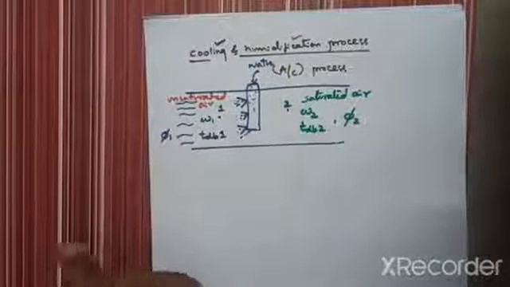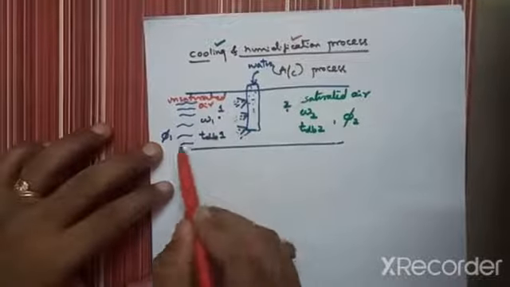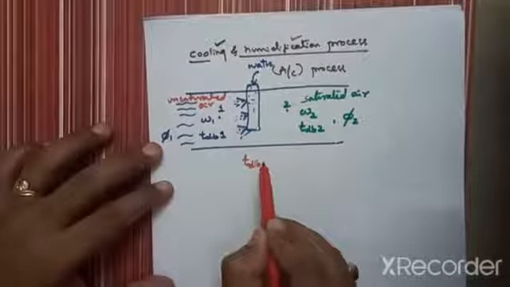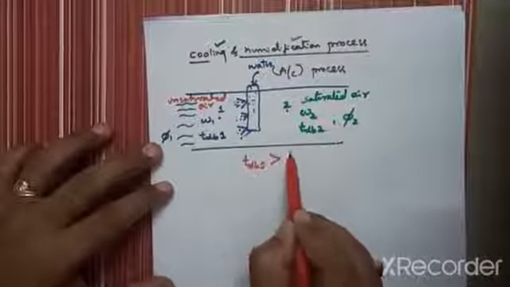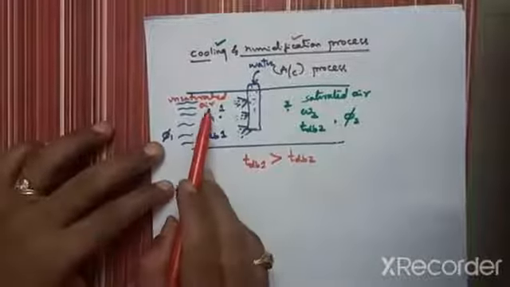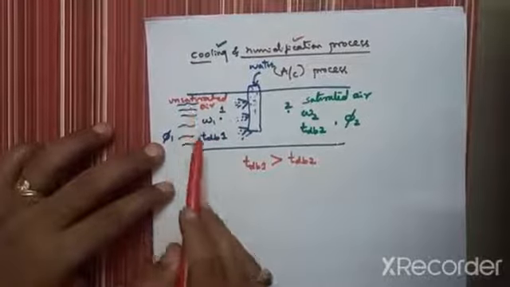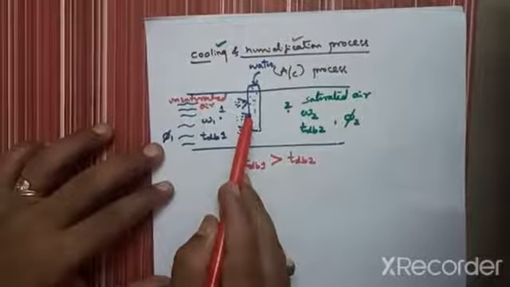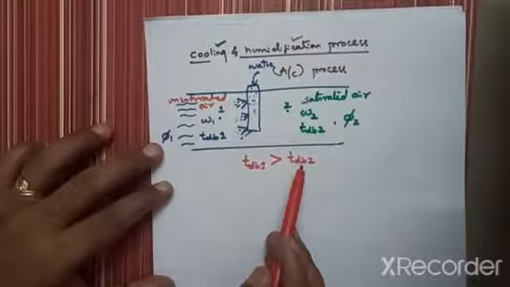At point number 1 the temperature is more. So the dry bulb temperature at point number 1 is more than at point number 2, because it is high temperature unsaturated air, and when mixed with water, cooling takes place, so the temperature reduces.